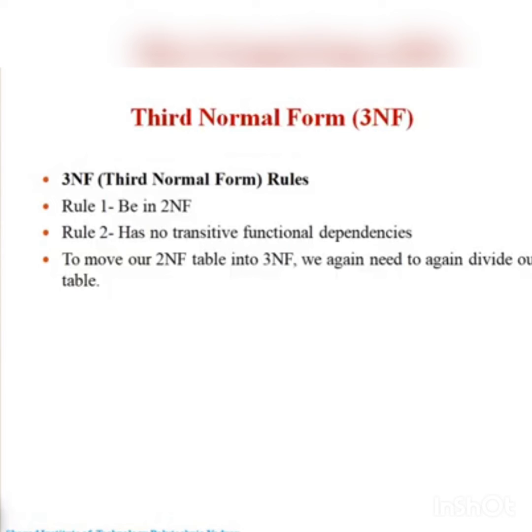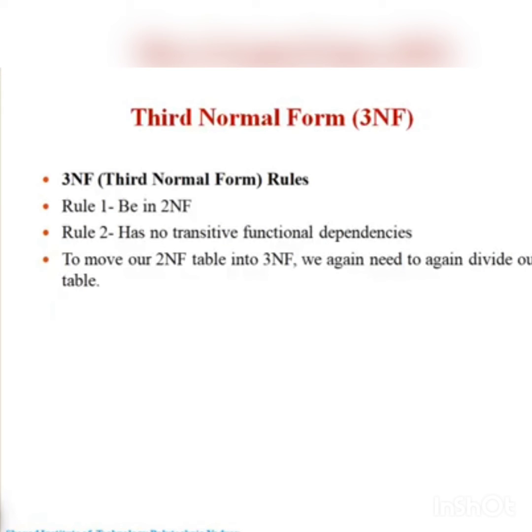What is third normal form? A database is in third normal form if it satisfies the following conditions. Similar to the second normal form, which requires the table to be in first normal form, the third normal form requires that the table must be in second normal form.